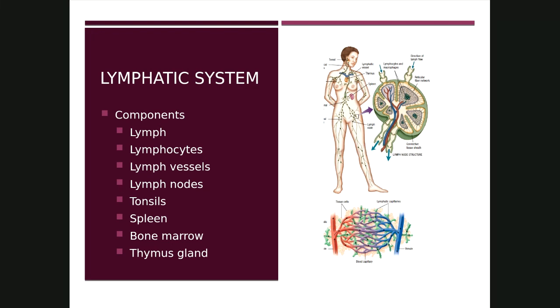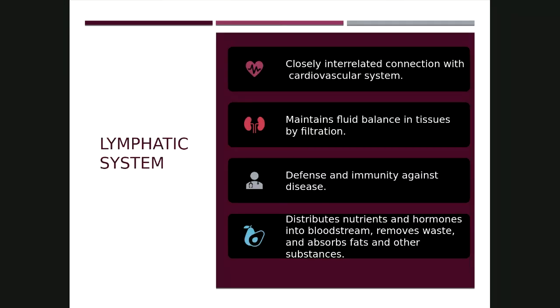Components in the lymphatic system include our lymphocytes, lymph vessels, lymph nodes, tonsils, spleen, bone marrow, and thymus glands. They have a closely interrelated connection with the cardiovascular system. They maintain fluid balance in the tissues by filtration.